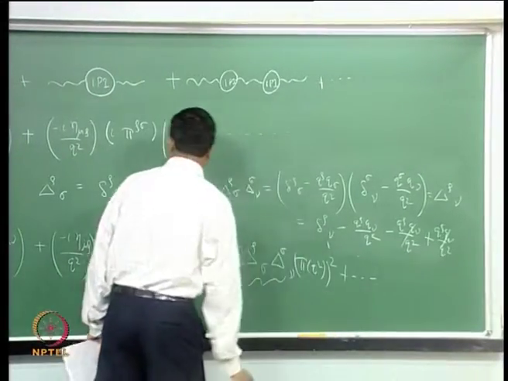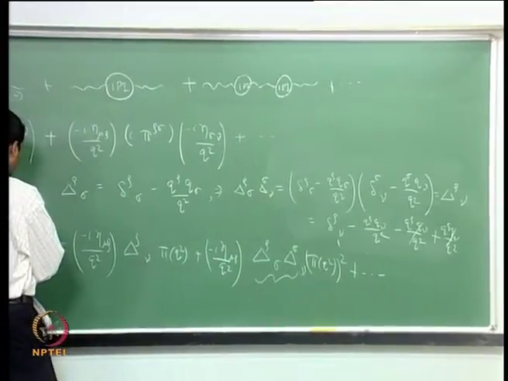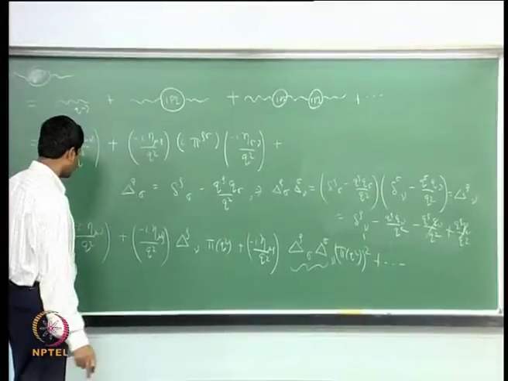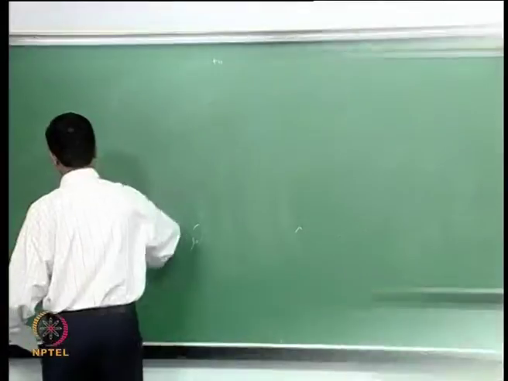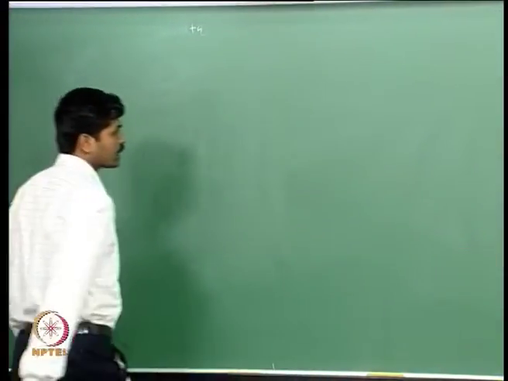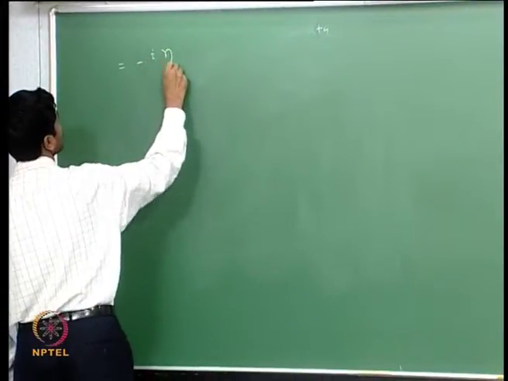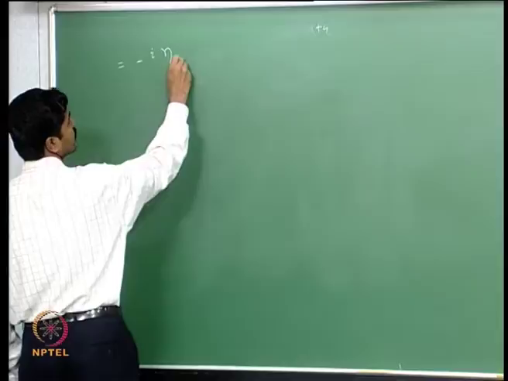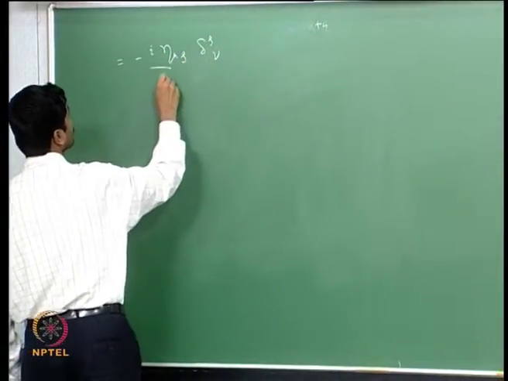And that will keep continuing. So, what we can do is that we have a common factor i eta mu rho over q square, so I can write the first term as minus i eta mu rho delta of rho nu over q square.